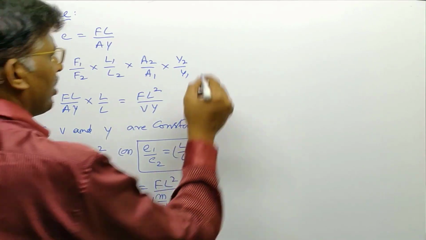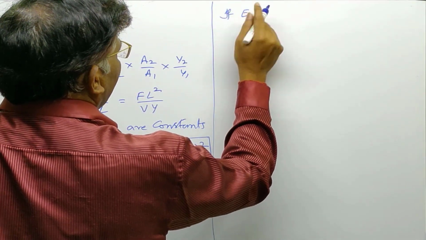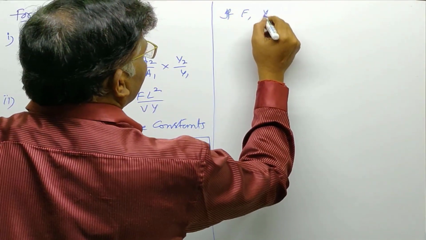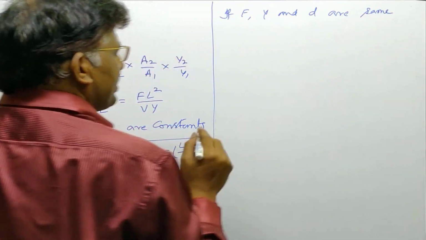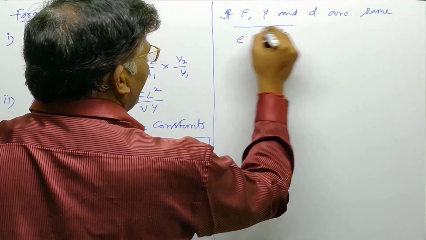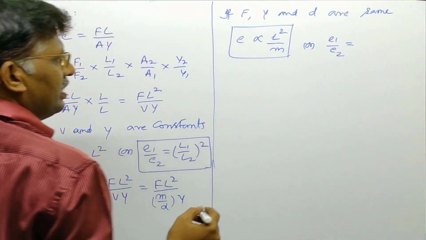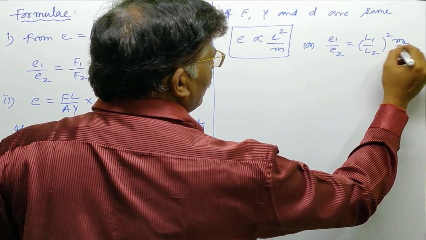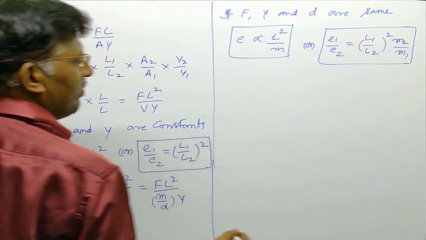And in this formula, if F, Y and D are constant for two different wires, then E is directly proportional to L square by M, or for two different wires we can write E1 by E2 is equal to L1 by L2 whole square into M2 divided by M1.